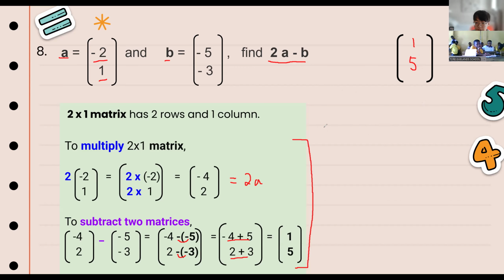Does this make sense to everyone? So if you're multiplying or subtracting, you apply it to both the top and the bottom component.